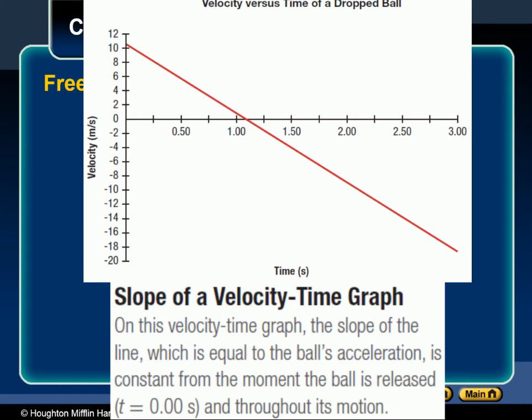Although the velocity is 0 at the instant the ball reaches the peak, the acceleration is equal to negative 9.81 meters per second squared at every instant, regardless of the magnitude or direction of the velocity. It is important to note that the acceleration is negative 9.81 meters per second squared even at the peak, where the velocity is 0. The straight line slope of the graph indicates that the acceleration is constant at every moment.